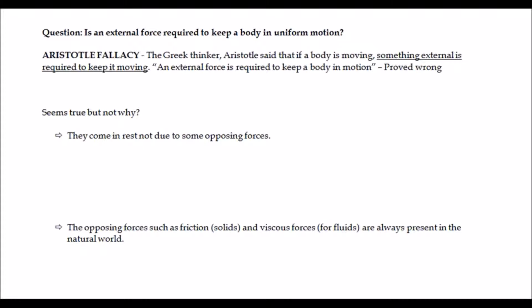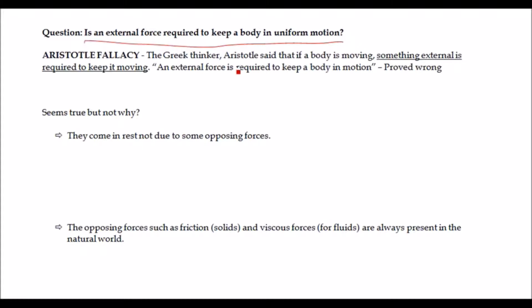Now the next question which comes in the mind of scientists is, is an external force required to keep a body in uniform motion? Suppose we move a body, will the body keep moving in uniform motion without applying any force? And for this, first Aristotle's fallacy comes in the picture.